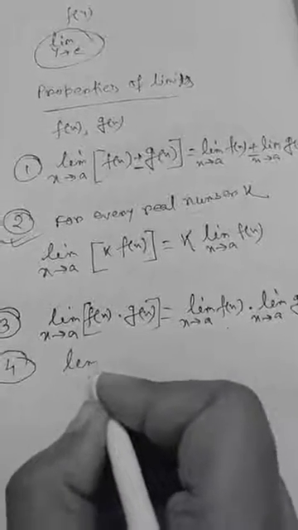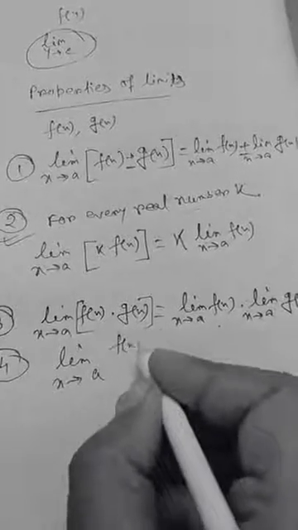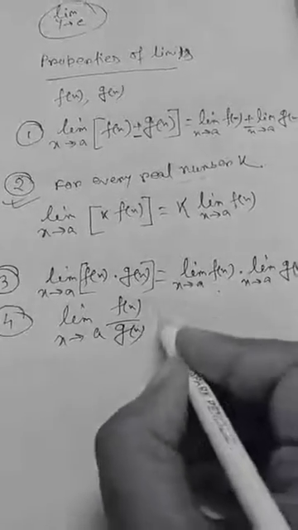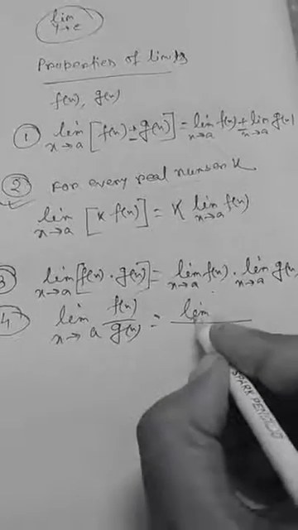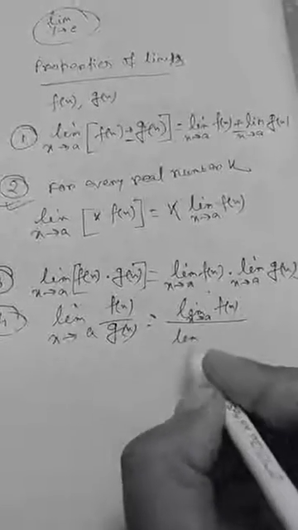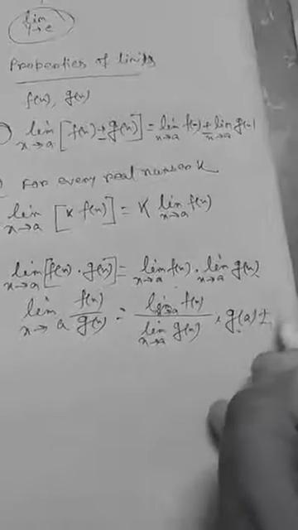Number 4, limit of f(x) by g(x), that means division. This is equal to the limit x tends to a of f(x) divided by the limit x tends to a of g(x), provided that g(a) is not equal to 0.